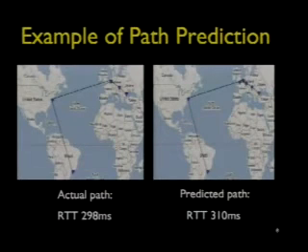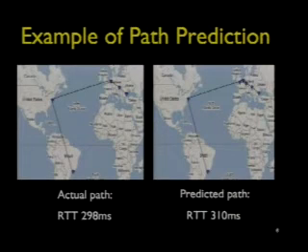So here's one particular example of how our path prediction works. I was in Rio last year for the Internet Measurement Conference, and when I was there, I did a traceroute from the hotel in Rio to the web server of the US Embassy in Romania. The map on the left shows the actual route from Rio to Romania as given by traceroute, and the RTT measured by the actual traceroute was 298 milliseconds.